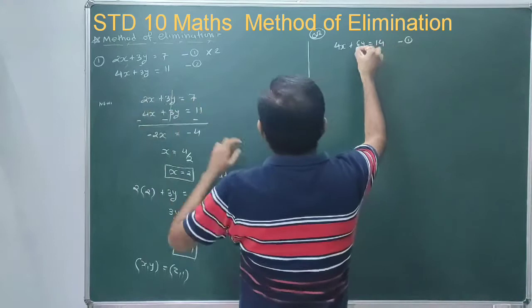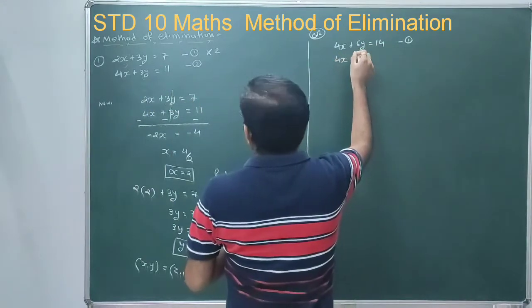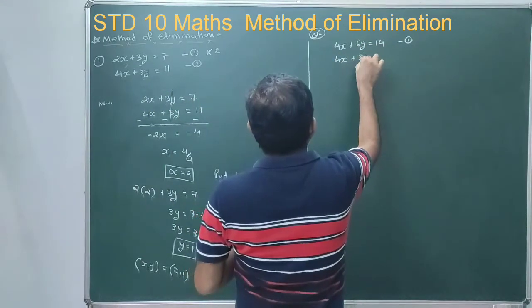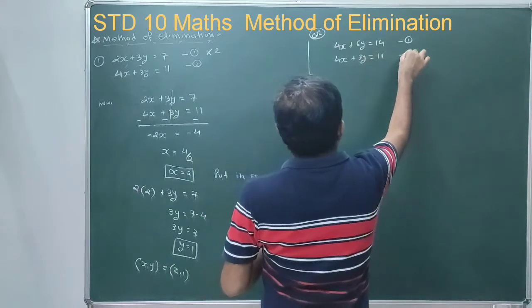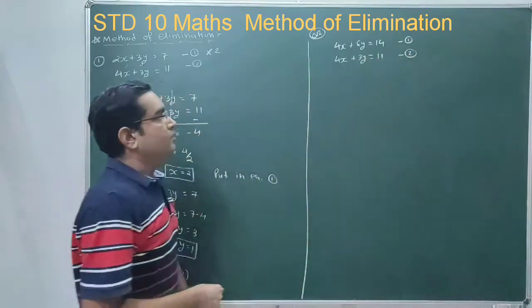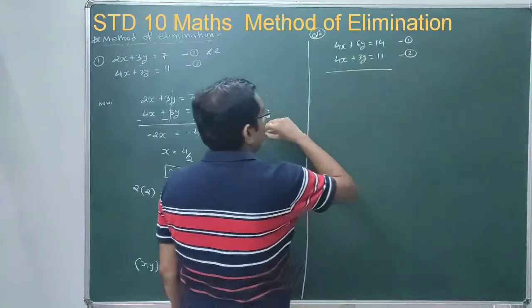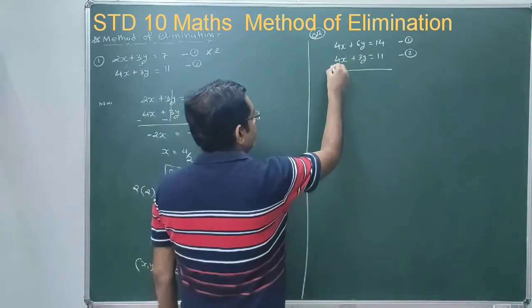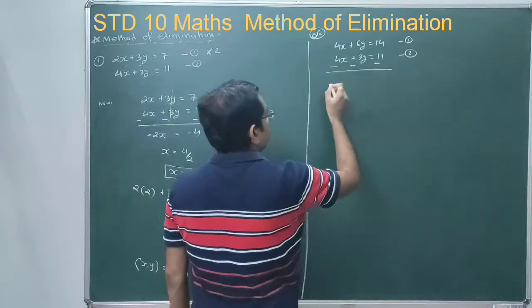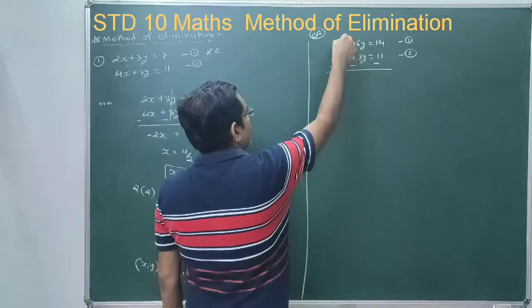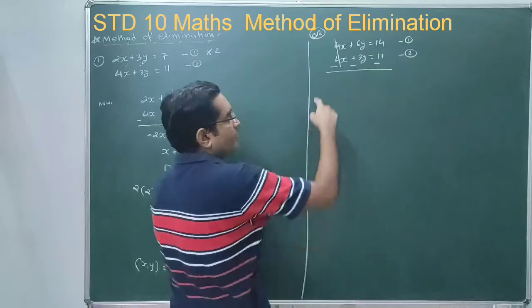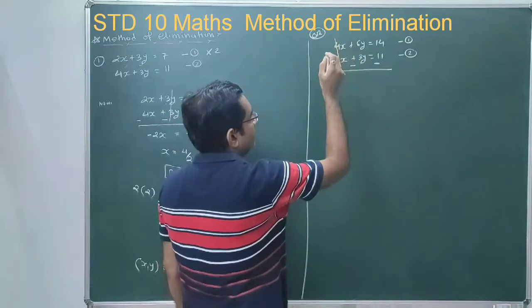Now equation 2 is 4x plus 3y equal to 11. This is your equation number 2. Now we have made the coefficient of variable x equal, so we have to eliminate it. For the elimination, we have to change the sign of all the terms. So plus 4x and minus 4x will be eliminated by adding these two equations.